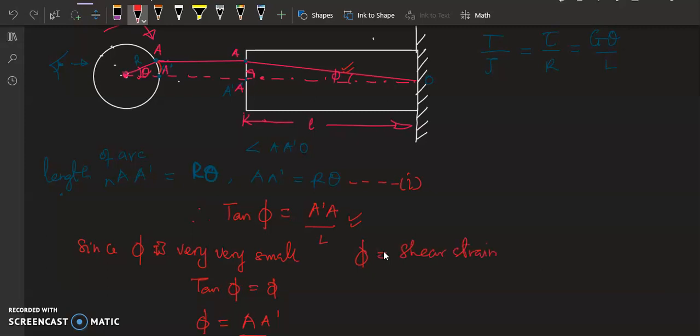Now, up to here, I'm going to introduce another term known as G, or modulus of rigidity. But how does it relate to shear strain?